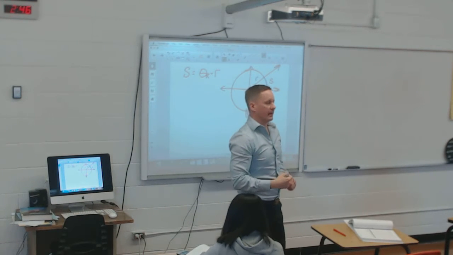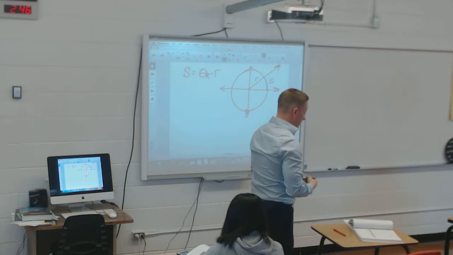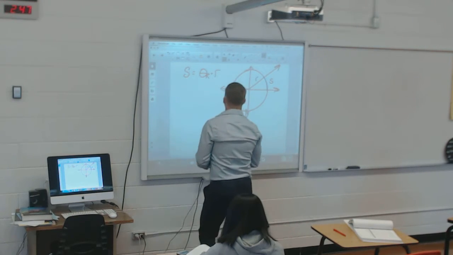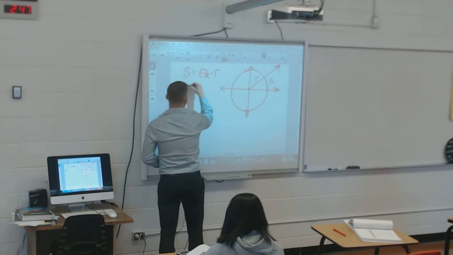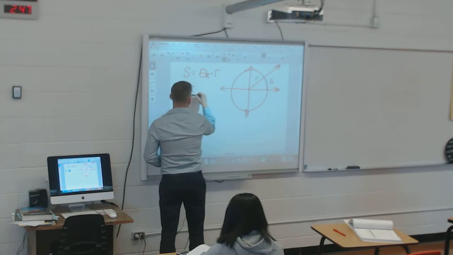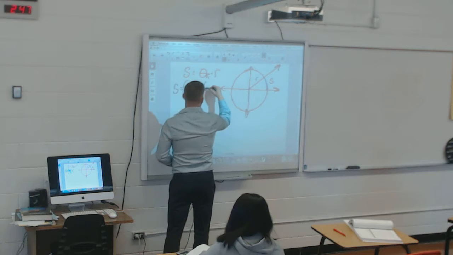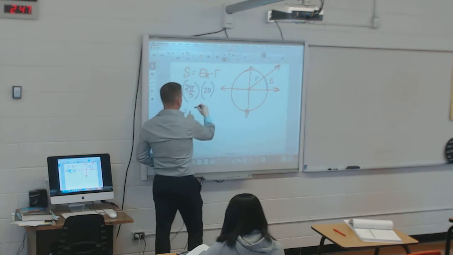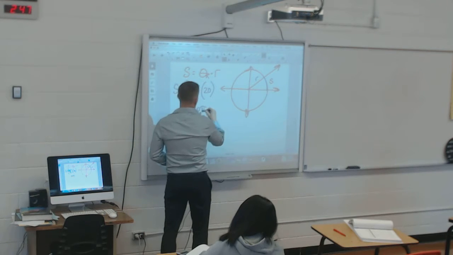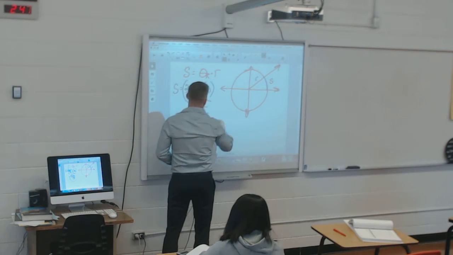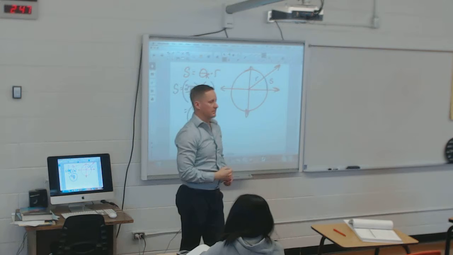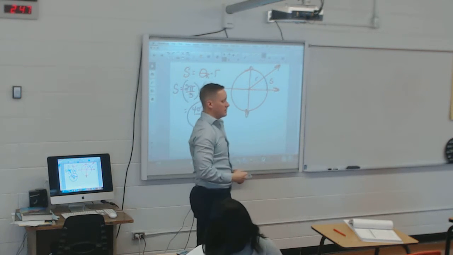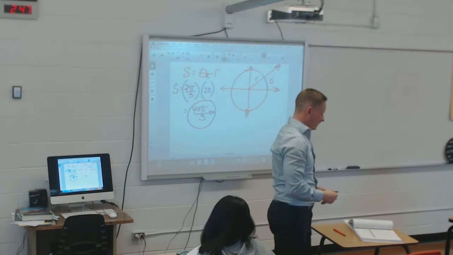That's what we call arc length. So if it gives it to you as a radius of 20 and a central angle of 2 pi over 3, then that arc length is 40 pi over 3 centimeters. You can leave your answer like that.